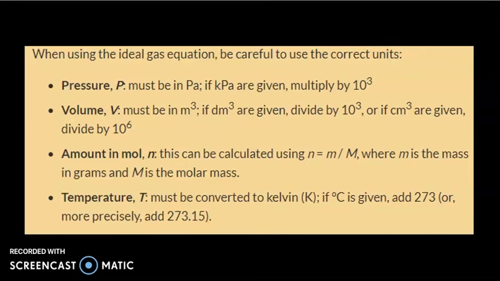And amount in mole can be calculated using n equals m over molar mass, and temperature must be in Kelvin. So change the degree Celsius to Kelvin by adding 273.15.